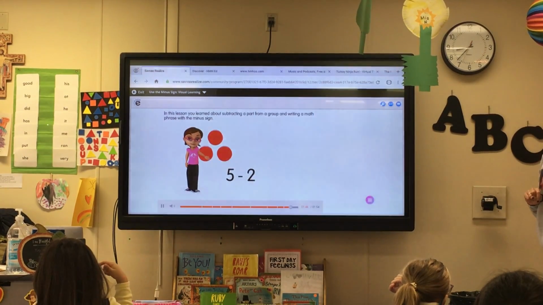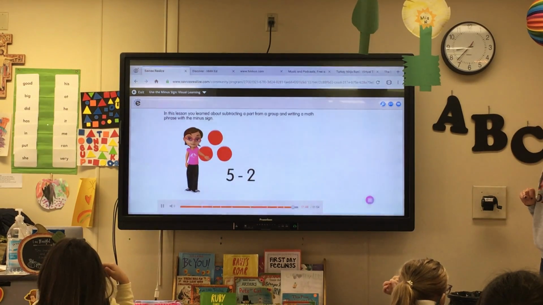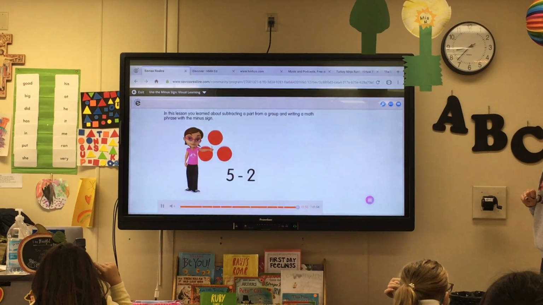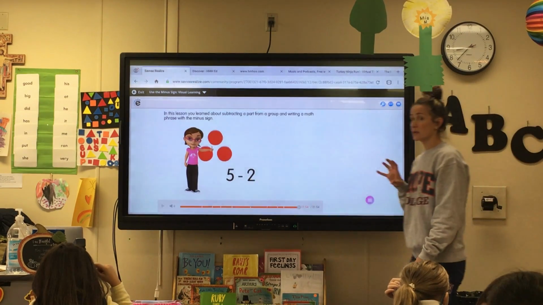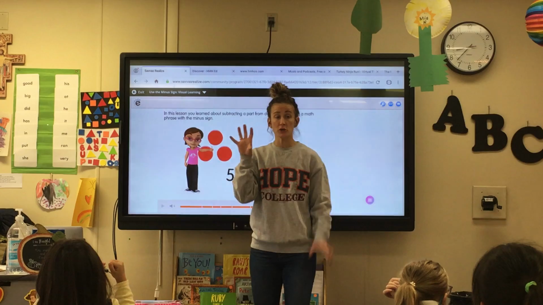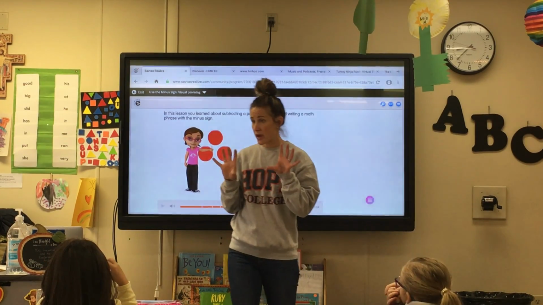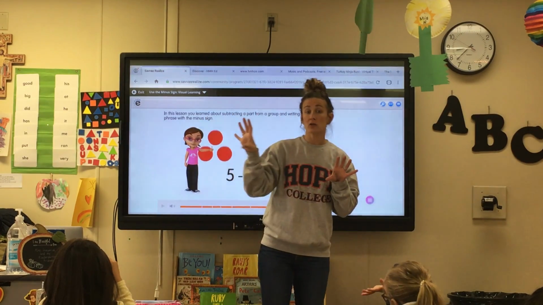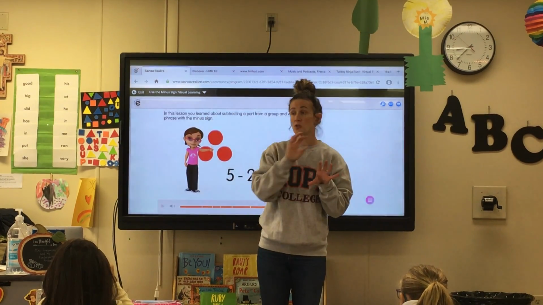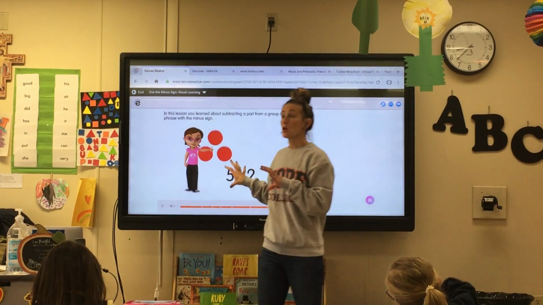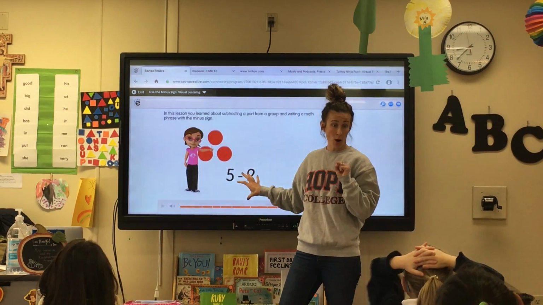In this lesson, you learned about subtracting a part from a group and writing a math phrase with the minus sign. Okay, so again, kindergarten, we're not drawing 2 separate groups, right? We have to remember with subtraction, we'll draw those counters to represent the first number, the whole. And then we're going to take away part of that group.